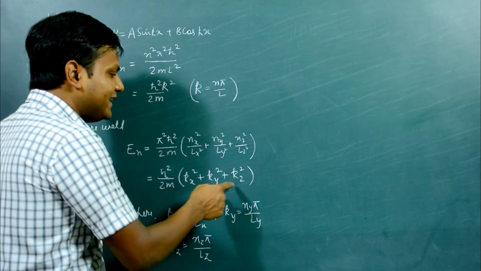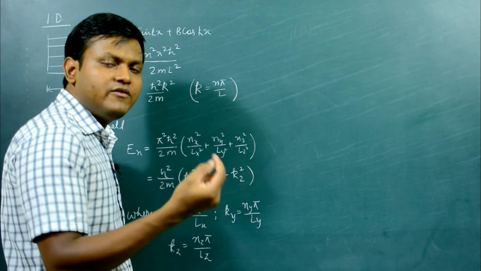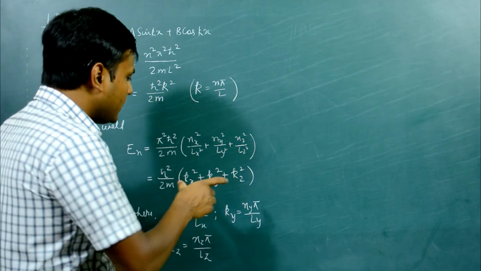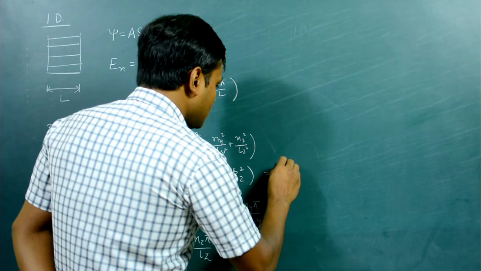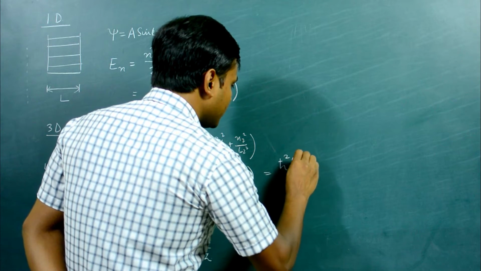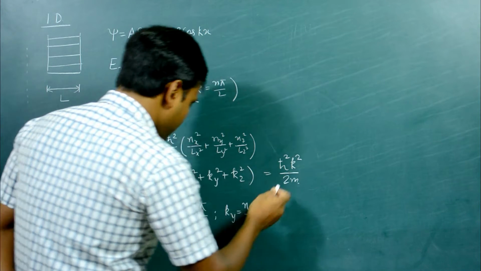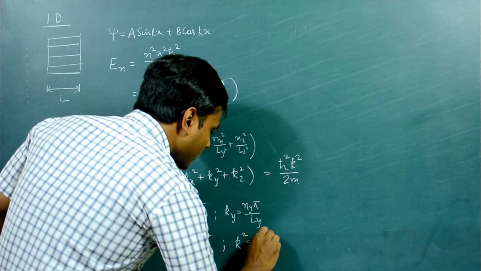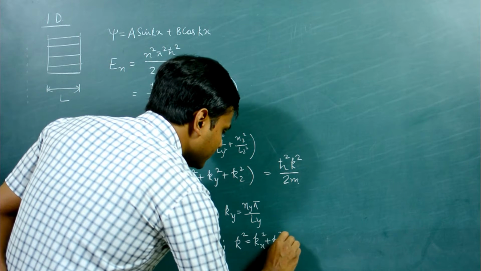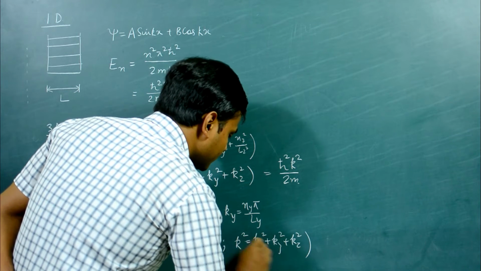Now kx, ky and kz are the wave numbers in three distinct axes. We can represent this as one distinct wave number. Let's suppose we write this as h cross squared k squared by 2m, where k squared is nothing but kx squared plus ky squared plus kz squared.